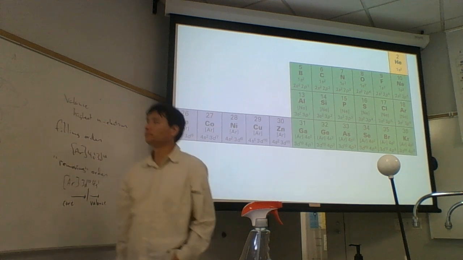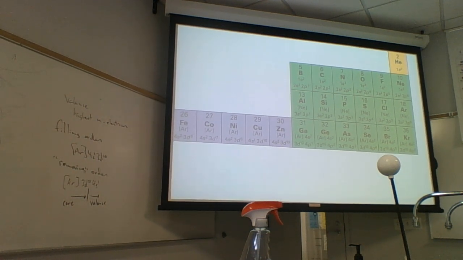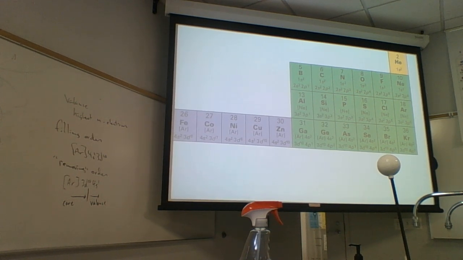So if we go to gallium, we have 4s2, so there are 2 electrons here, all the way up to the third shell being filled. So that's stable. We've got 4s2, 3d10, 4p1. How many valence electrons are there?